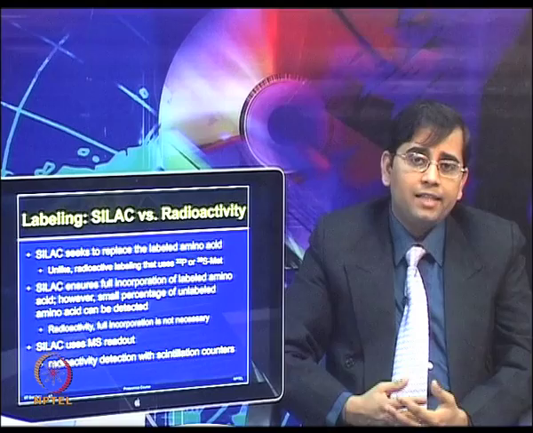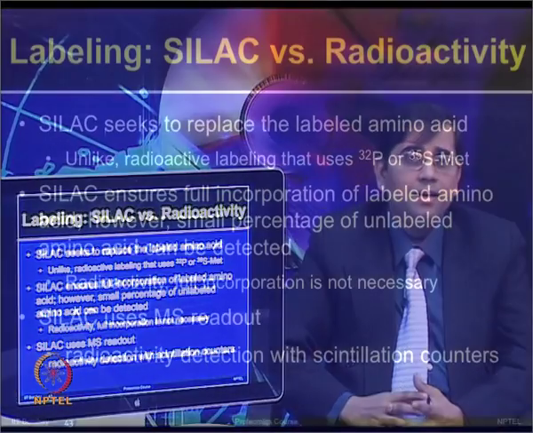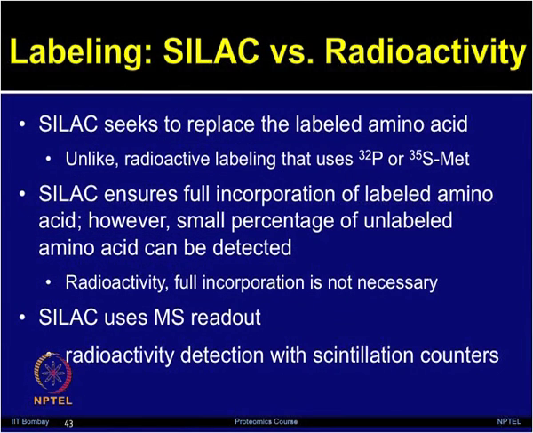The SILAC method seeks to replace the labeled amino acid, unlike radioactive labeling, which uses 32P or 35S methionine. The SILAC method ensures that labeled amino acids are fully incorporated in the cells.